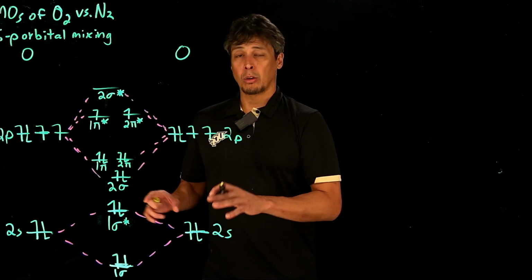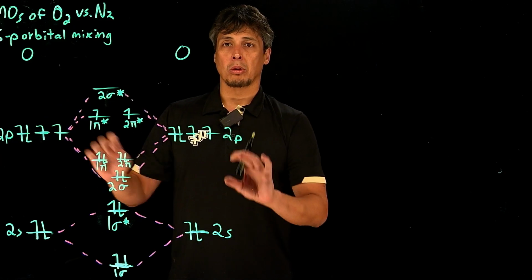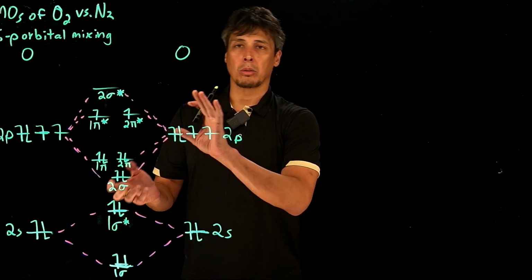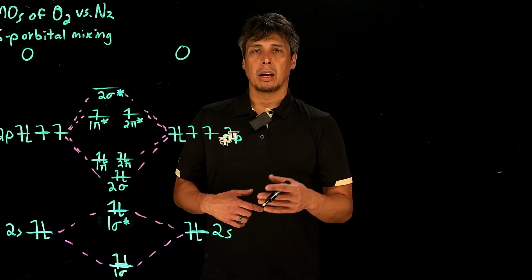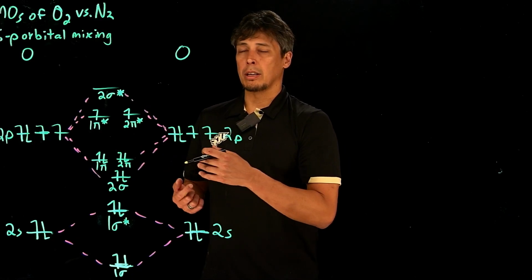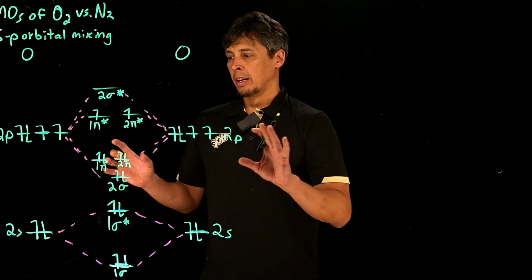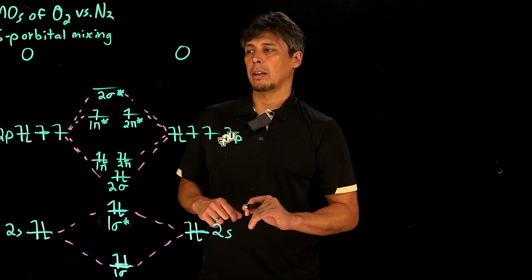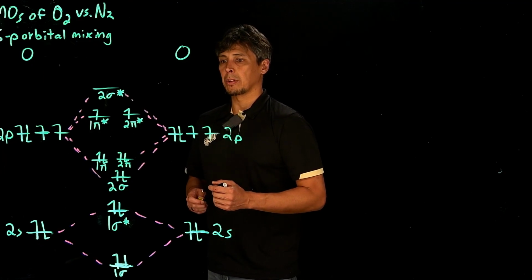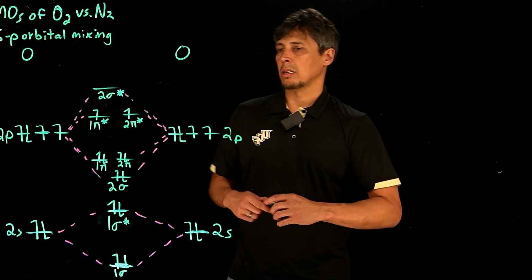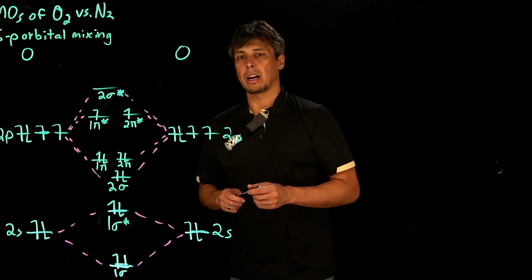They are so far in energy from the 2s and 2p atomic orbitals that generate the higher energy molecular orbitals that they're not going to play a role for the purpose of sp orbital mixing that we're discussing. So we're really just looking at the MOs derived from the valence shell of the two oxygen atoms here. Recall this is our molecular orbital diagram and the corresponding electron configuration for dioxygen.